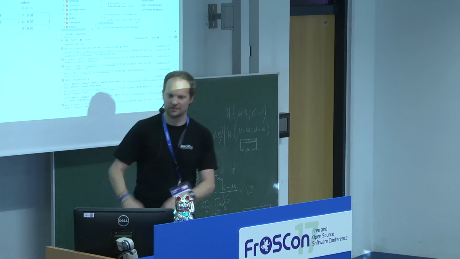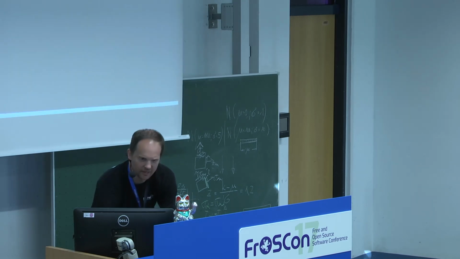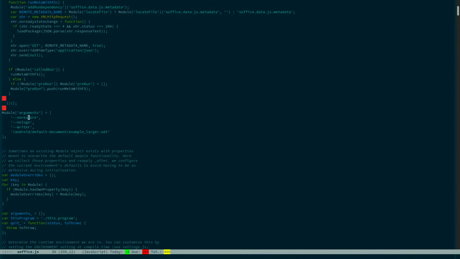Okay, so that's Writer. If now we want to do something that you haven't seen before, I'm not sure if that's visible. So that's one of the source files. It's called soffice.js.